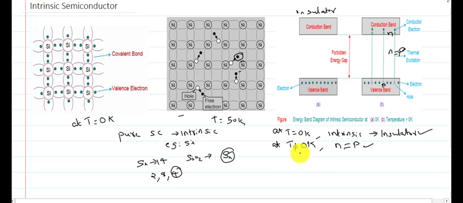So we can draw in general the energy band diagram of an intrinsic semiconductor.